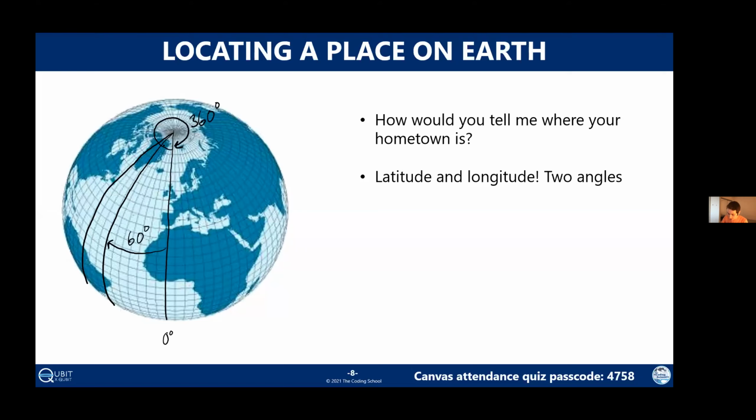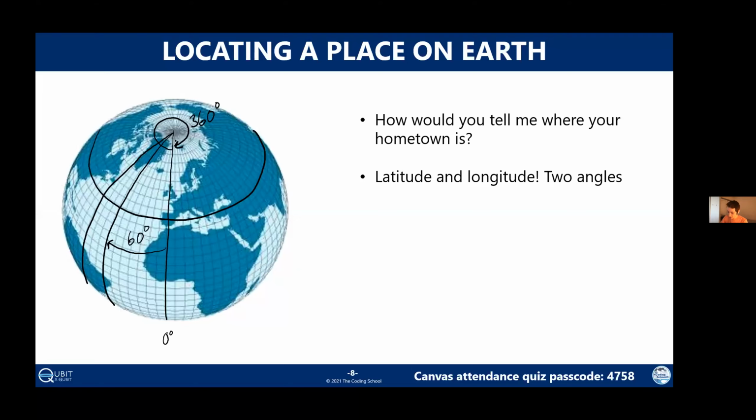Now, once you know which line you're sitting on vertically, you also have to know which line you're sitting on horizontally. So maybe I sit on this line right here. Measurement of this works in much the same way. We pick a reference point, and then we describe how many degrees away from that reference point we are.